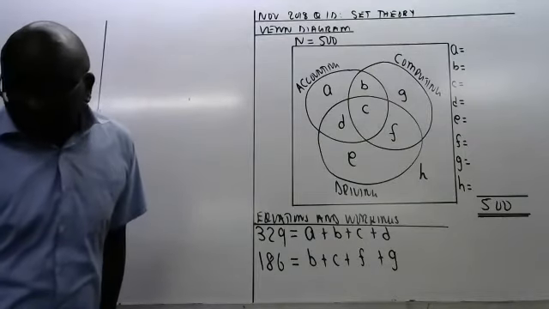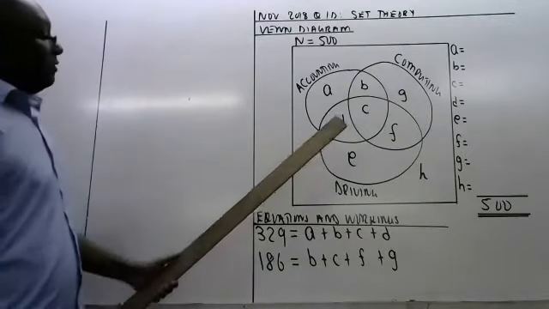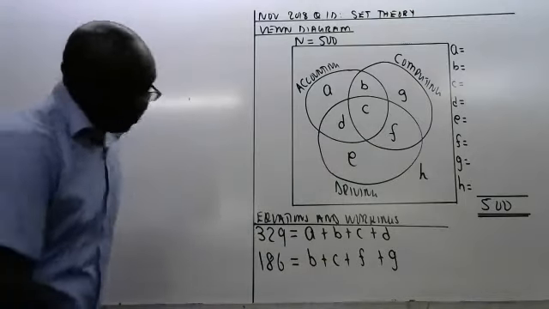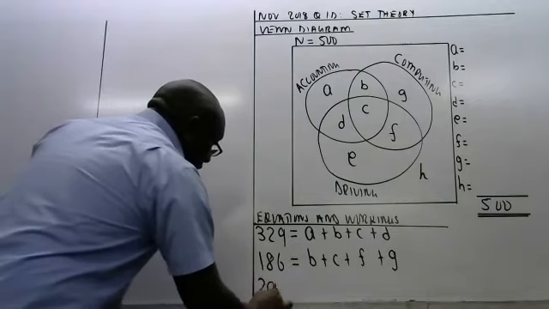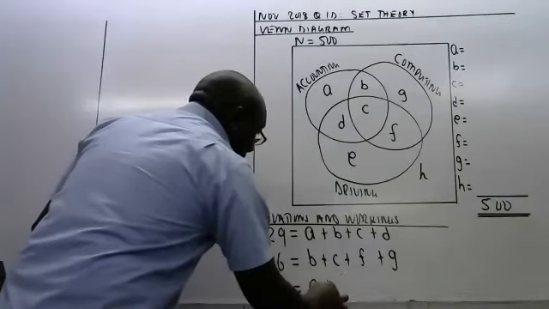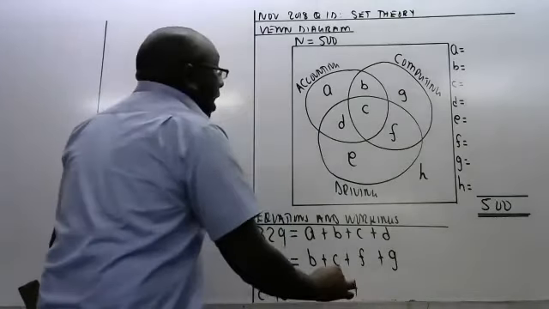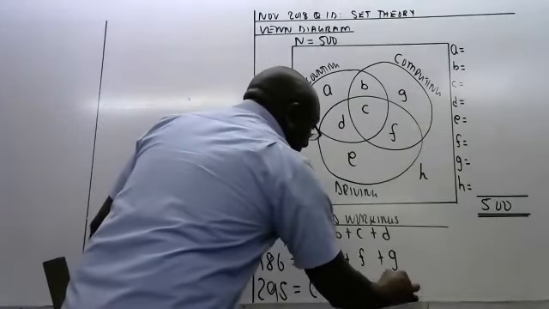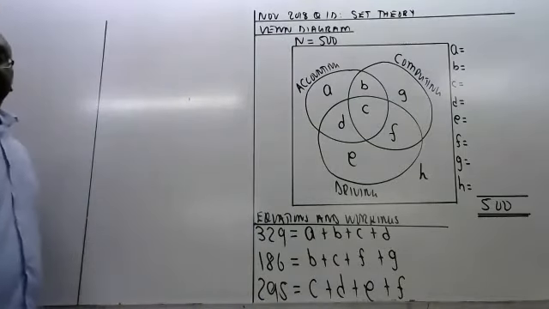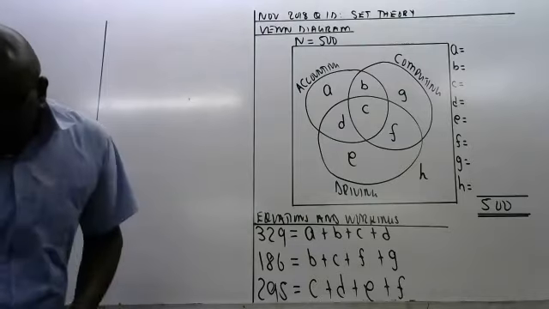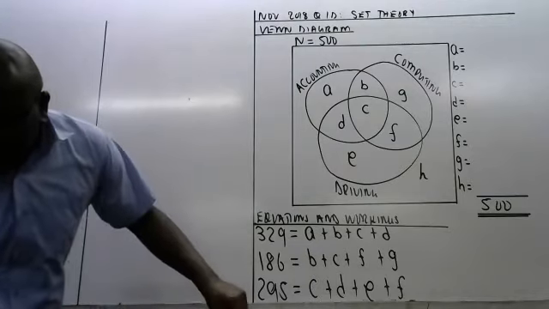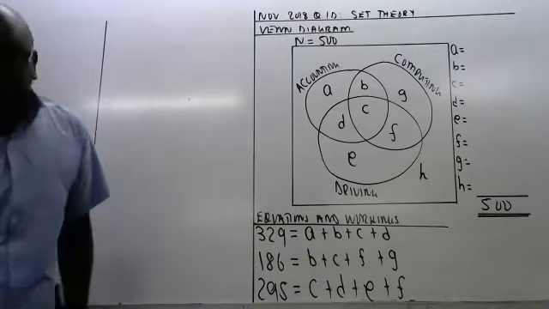295 were undertaking driving. So everyone inside driving, that is a total of 295. So 295 is equal to C plus D plus E plus F. Then we are told 83 were undertaking both accounting and computing.